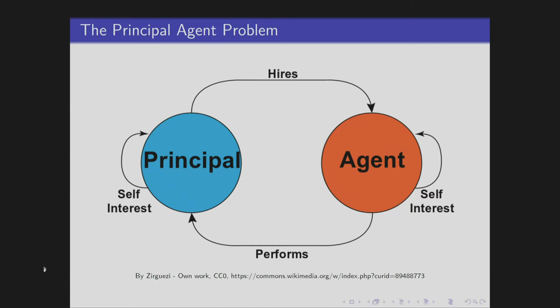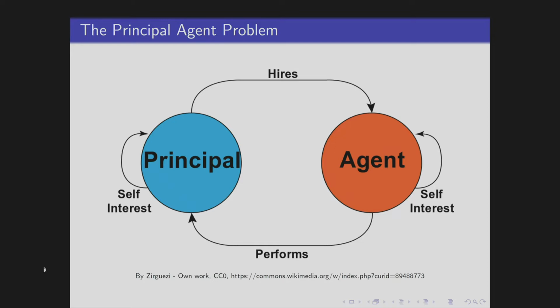And the idea is the principal wants to hire the agent to do something for the principal, and the agent does this job and then gets some payment from the principal. So those two people want to find a contract such that the principal gets the perfect output generated by the agent, and the agent does not really have to work so much but gets some money from the principal.